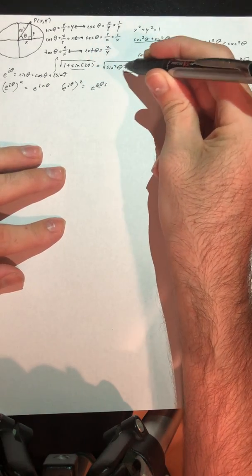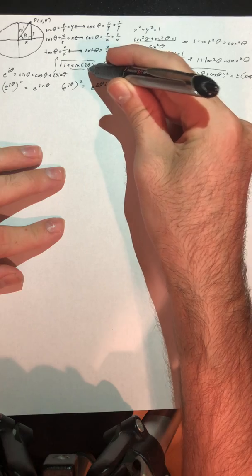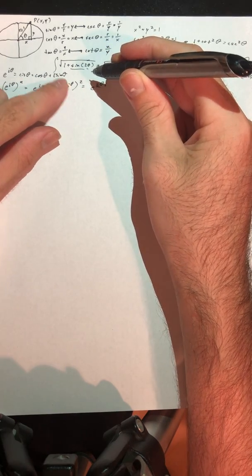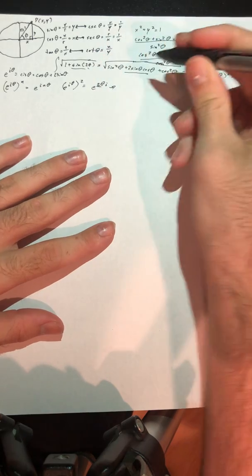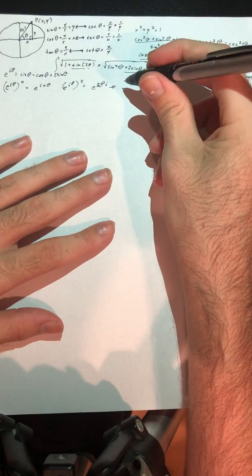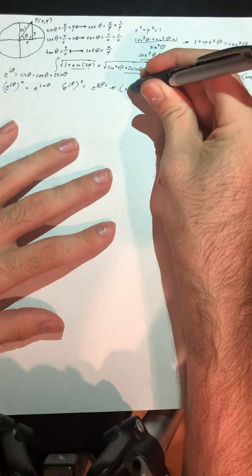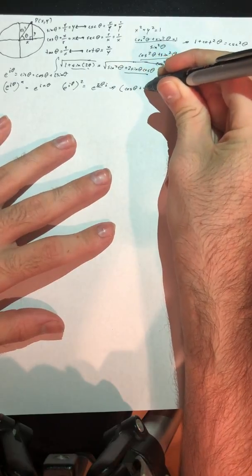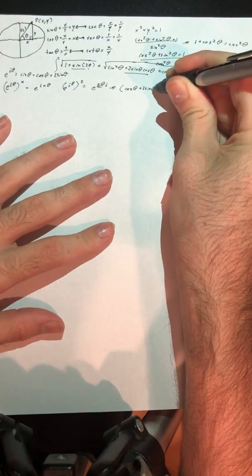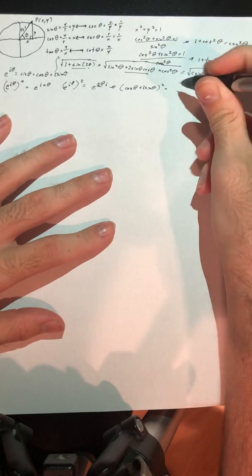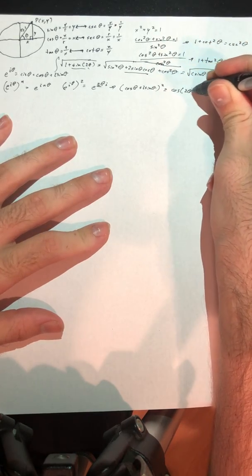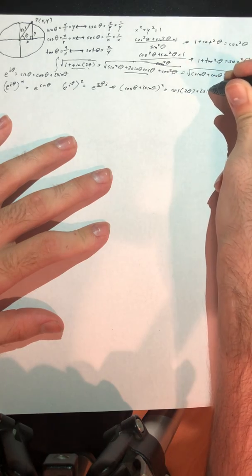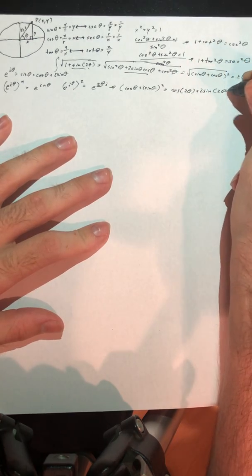Because I have a 2 theta as my input here, and I have a sine here, so maybe I can see some sort of connection. So what does this imply? It implies that cosine theta plus i sine theta, quantity squared, is equal to cosine 2 theta plus i sine 2 theta.